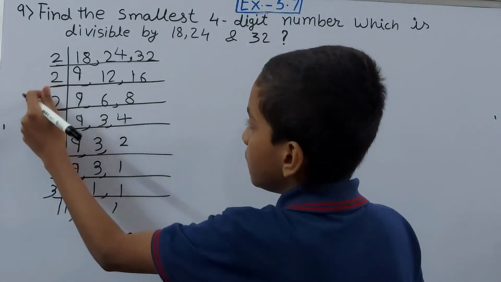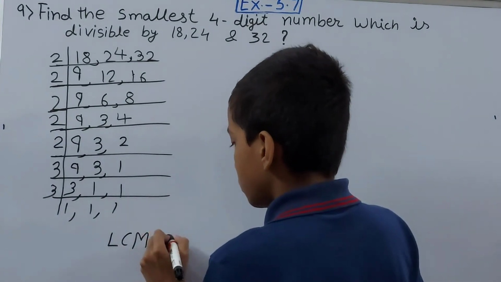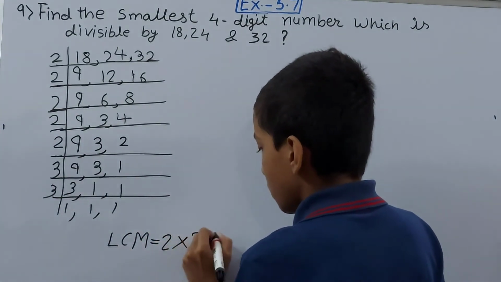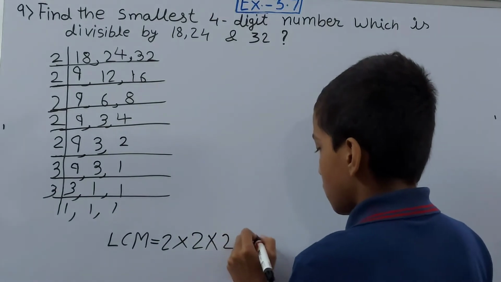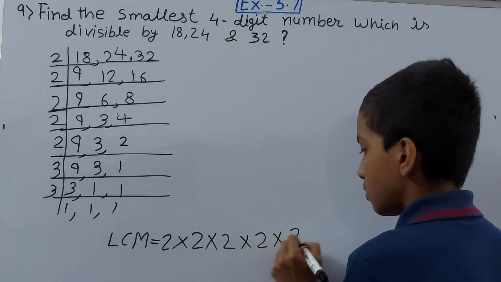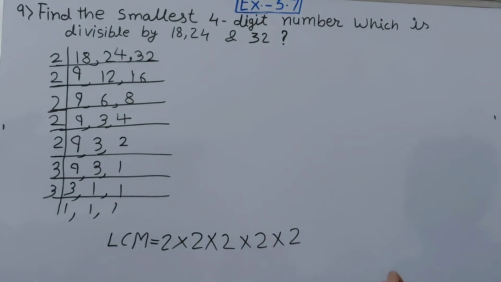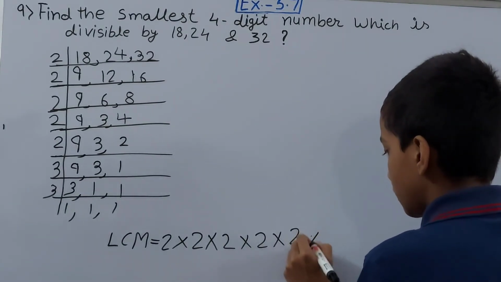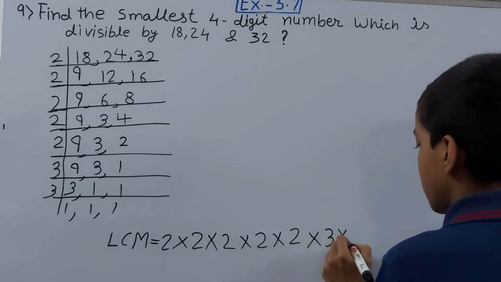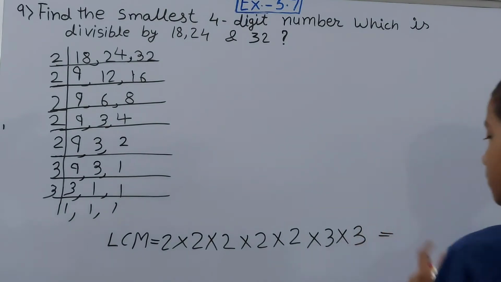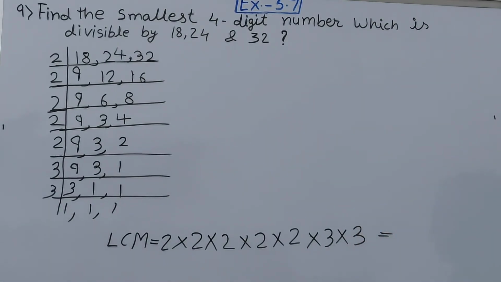LCM is equal to 2 into 2 into 2 into 2 into 2. Yes, 5 are there and there are 2 3s. So into 3 and into 3. So let's find the LCM. So 2 into 2 is 4, 4 into 2 is 8 and 8 into 2 is 16 and 16 into 2 is 32 and 3 into 3 is 9.